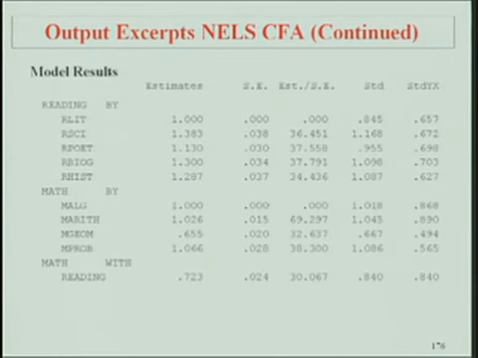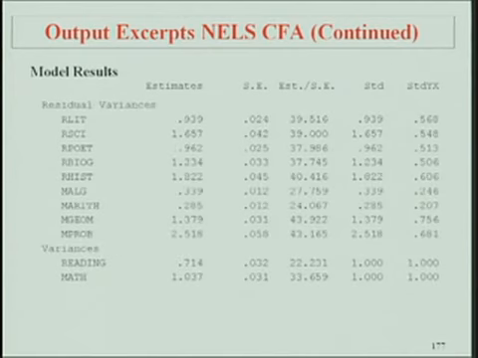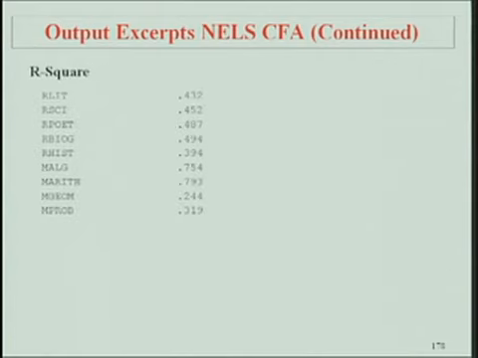So this is the covariance of math and reading, math with reading, 0.723, significant. We have our residual variances. Those are measurement parameters too, and are the variances of the two factors, and our R squares.